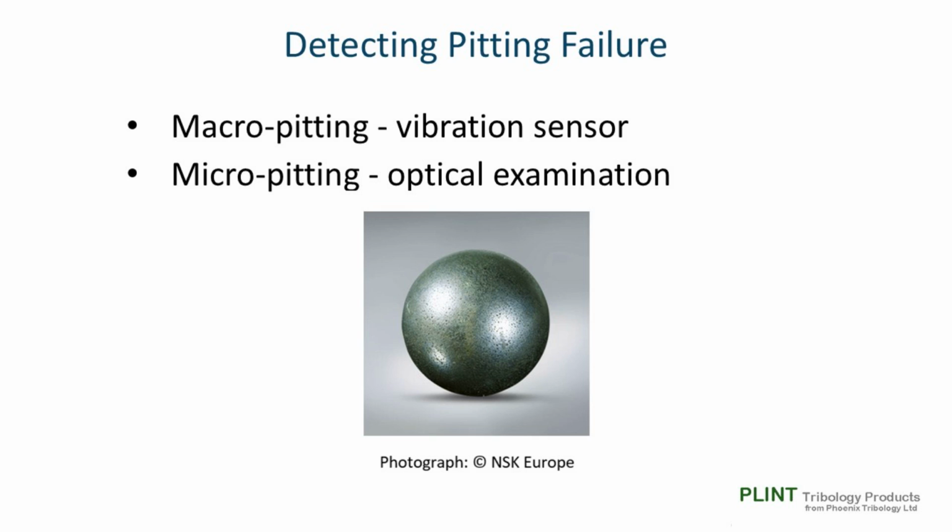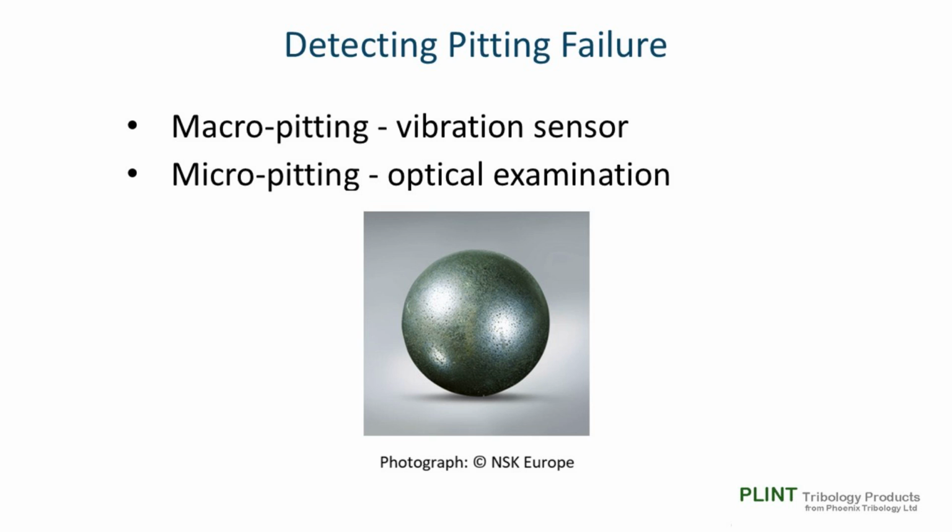Detecting macro pitting is easy using a simple vibration sensor or a microphone buzzer. This is because when macro pitting occurs, it results in a large amount of noise and machine vibration. Detecting micro pitting is a much more challenging proposition, as the levels of surface damage are typically too small to induce significant mechanical vibration.